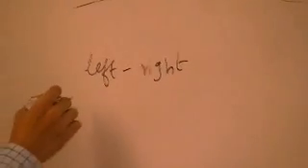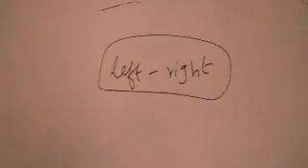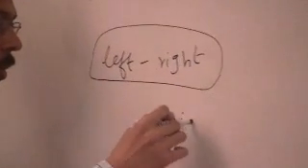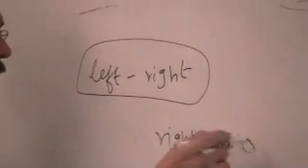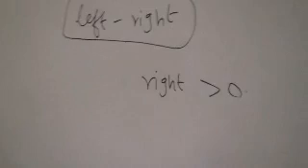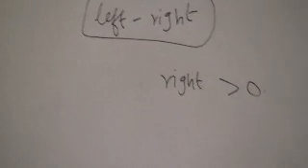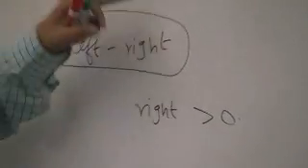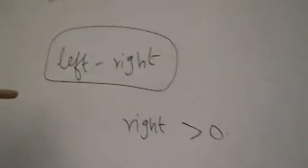So when you subtract, what you are doing? You are decreasing, right? But if right is greater than 0, the whole value is going to reduce further, yes or no? Yes.